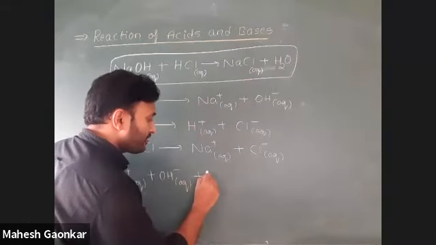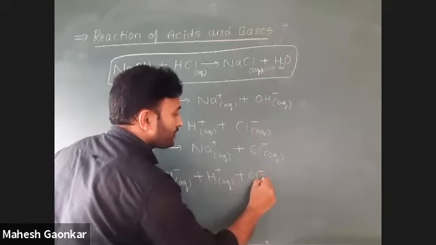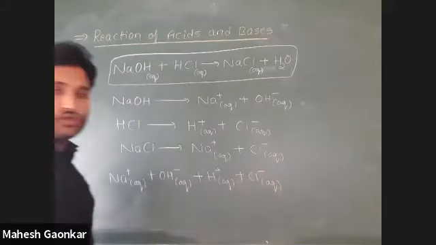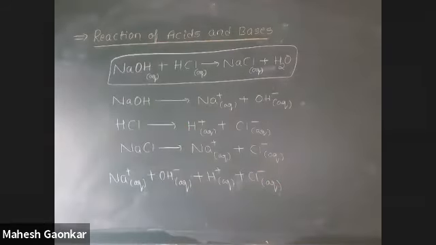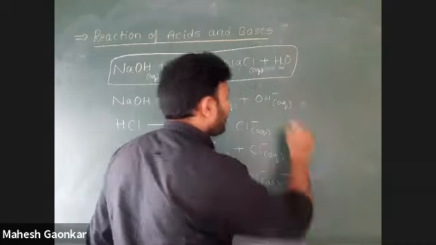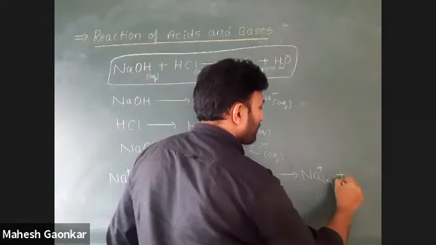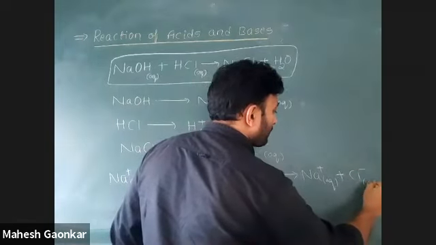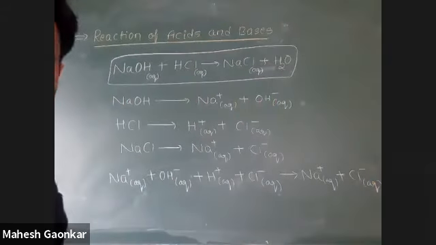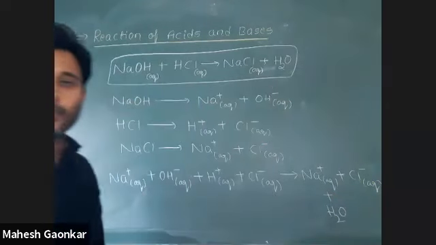So here I can write H plus aqueous plus Cl minus aqueous. Okay. Na plus aqueous plus OH minus aqueous plus H plus aqueous plus Cl minus aqueous gives NaCl, meaning Na plus aqueous plus Cl minus aqueous, plus H2O.